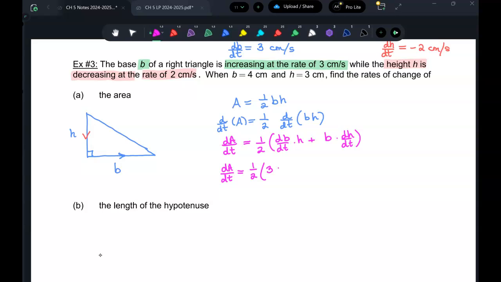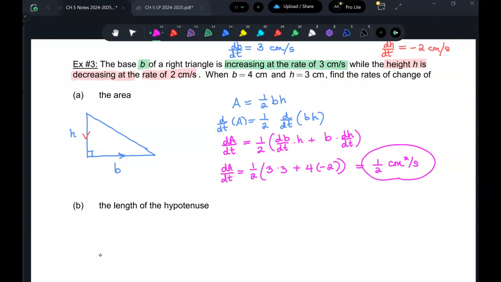What was the height given? 3, plus the base, 4, and negative 2. So just a half? And then we just need units, so 1/2 square centimeter per second.